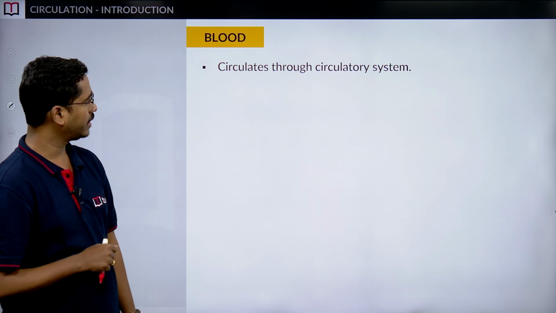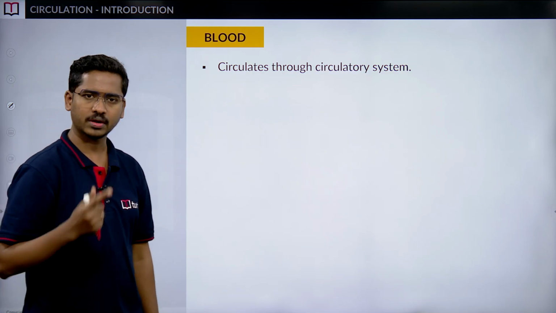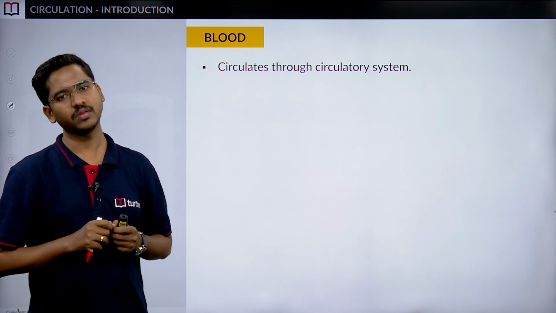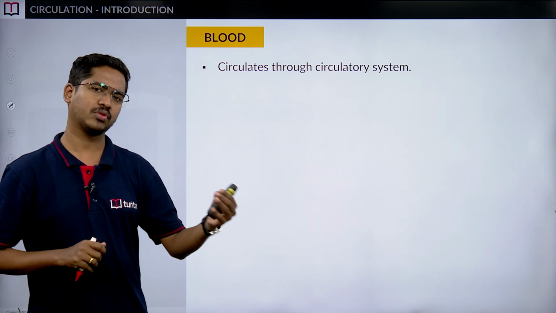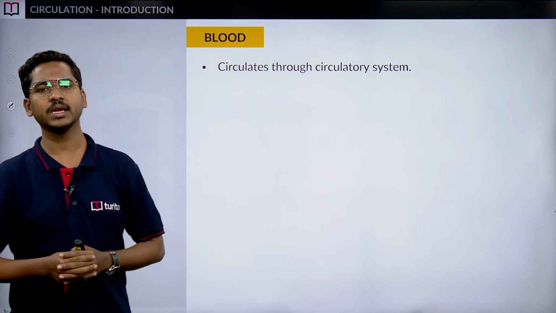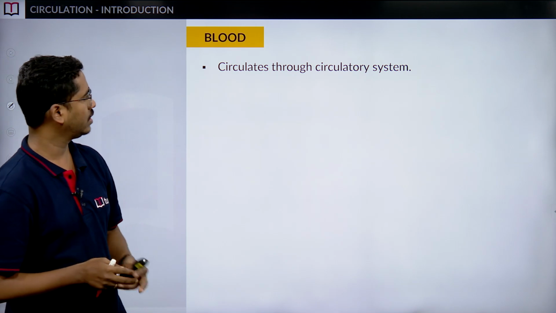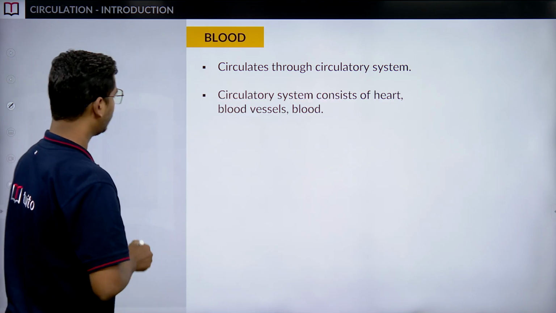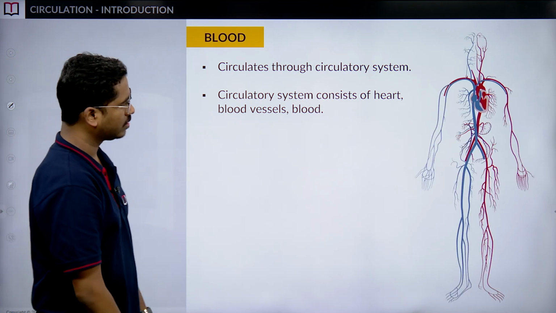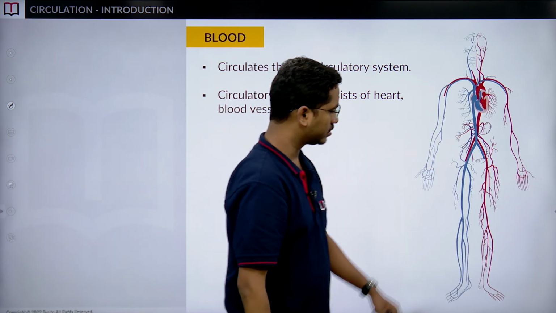Now, when you look at blood, it circulates through the circulatory system. So, this is one of the main components of the circulatory system, which passes through the whole system, which is actually involved in circulation. Okay. And then you see that we have the circulatory system and its respective components we have seen. So, this is how the circulatory system would look like.